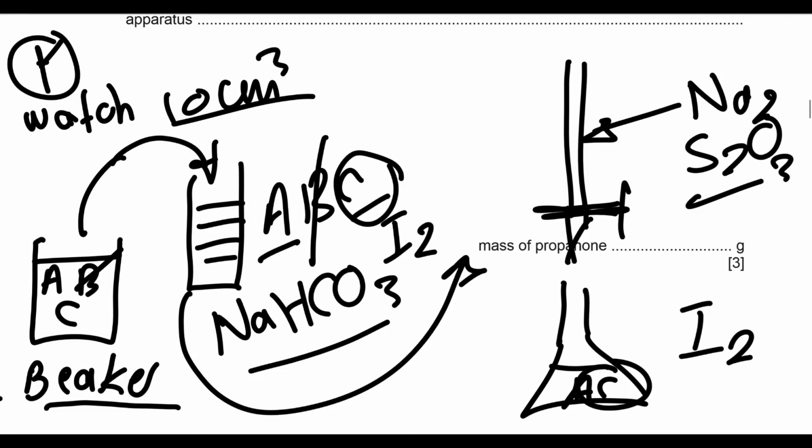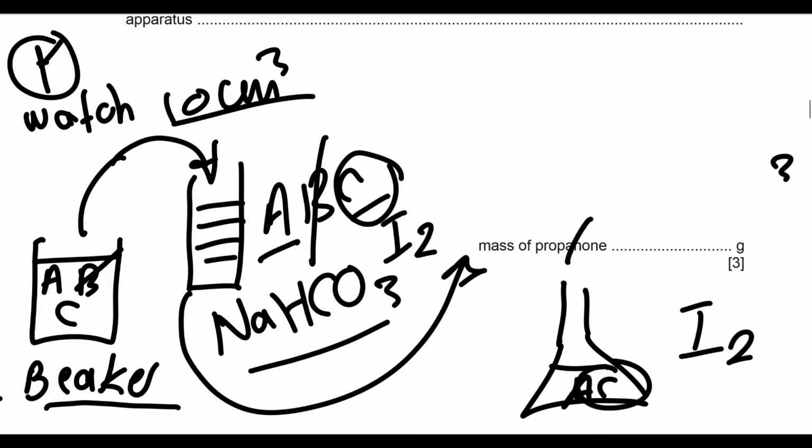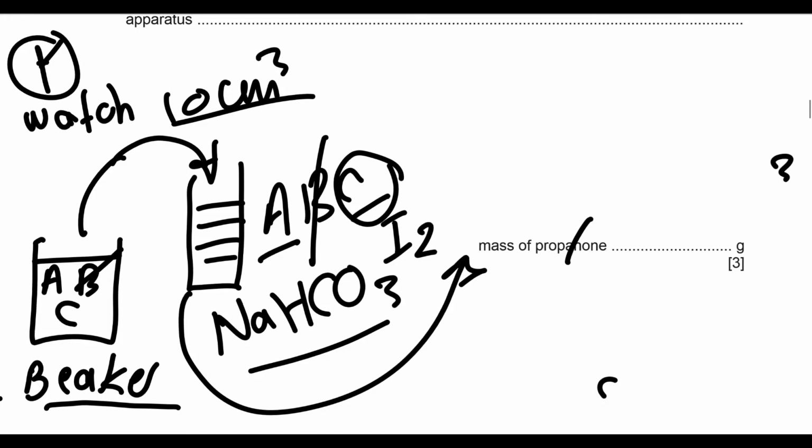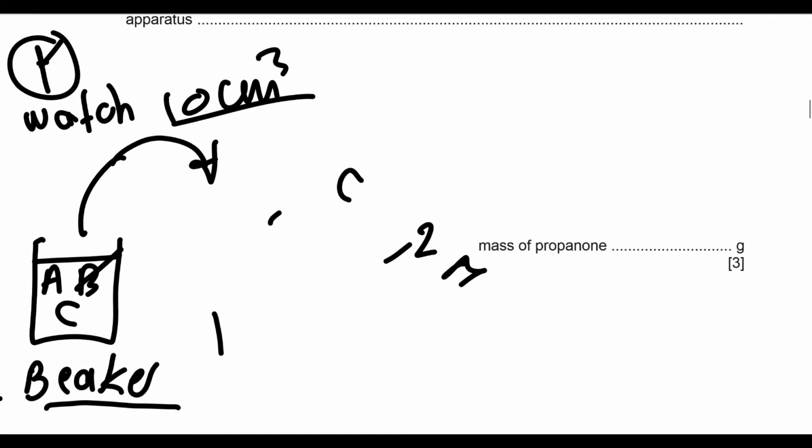So this is the general idea of this experiment. So let me raise this part to use it to solve the questions.